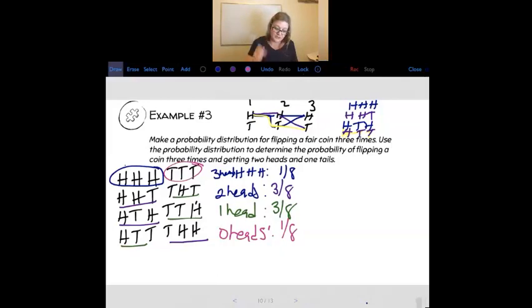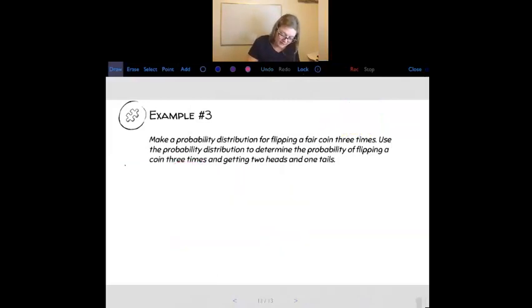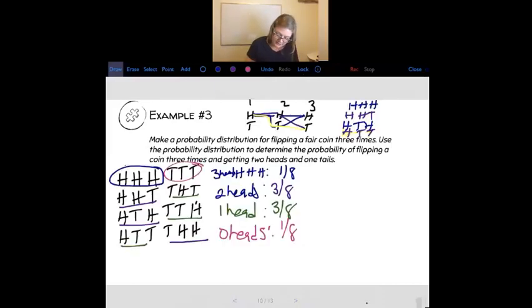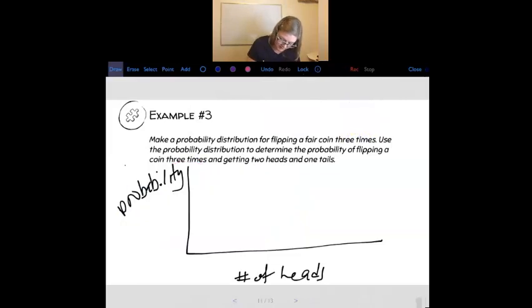Okay, so to make a distribution now, we have a vertical and a horizontal axis. I'm going to talk about this in terms of number of heads and the probability. Now the highest thing I go up to is 3/8, so I'll probably do this in terms of 1/8, 2/8, 3/8.